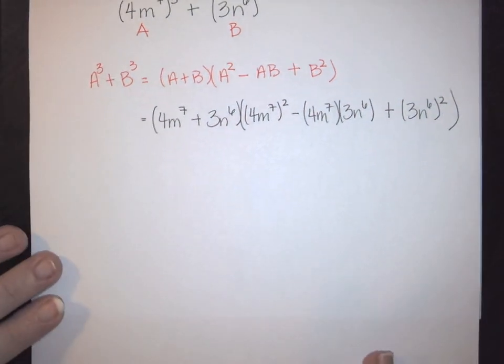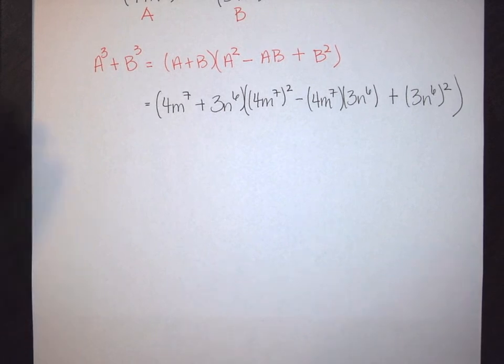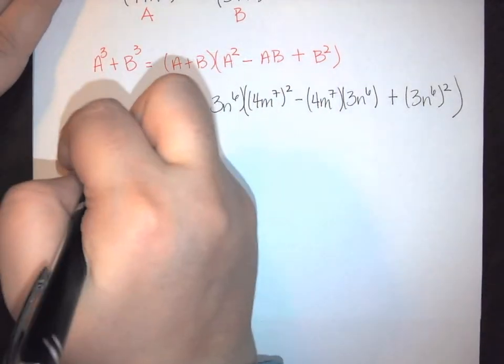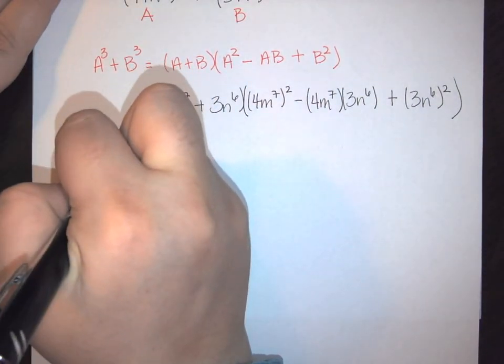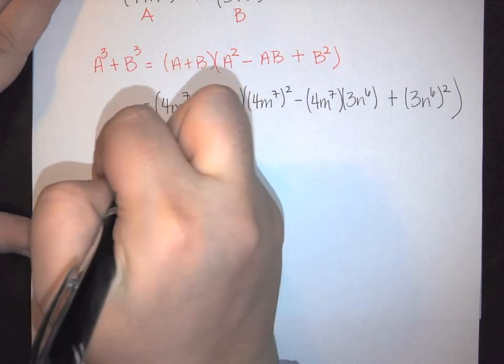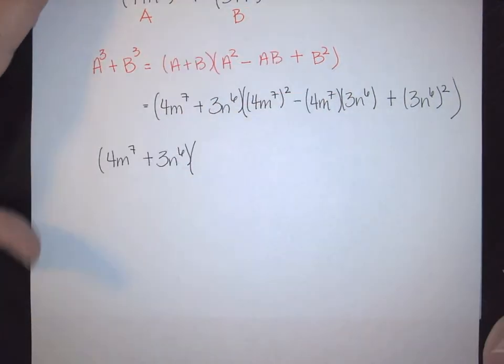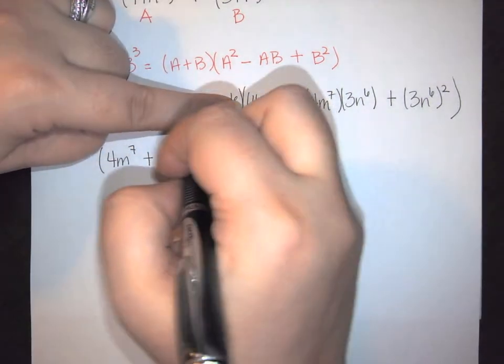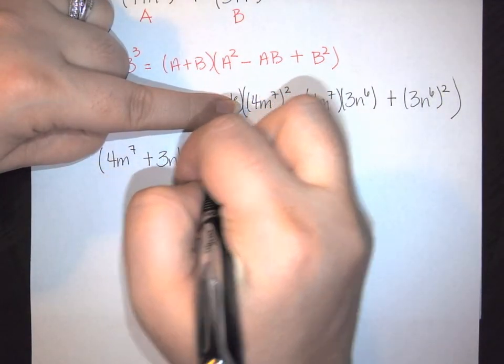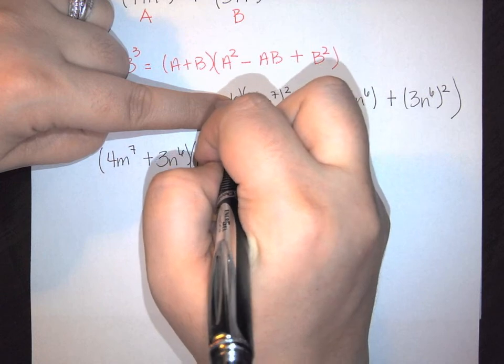Now just like with the difference of cubes, we need to do all the math. So here we're going to have 4m to the 7th plus 3n to the 6th times 4m to the 7th squared is going to be 16m to the 14th.